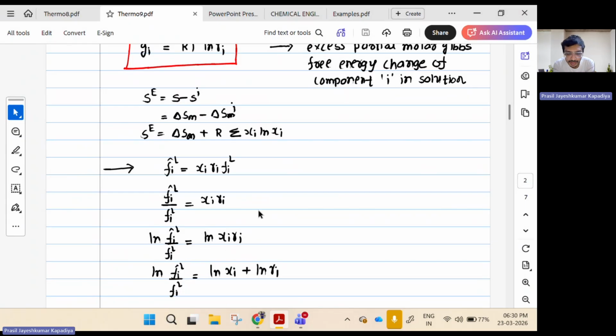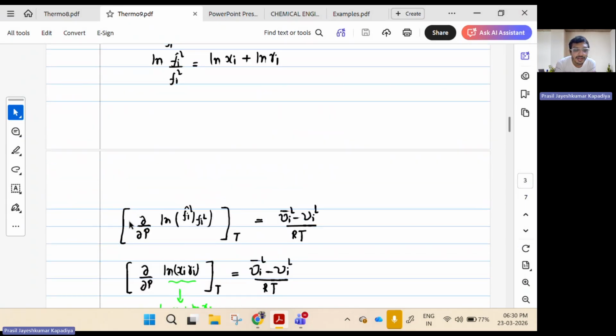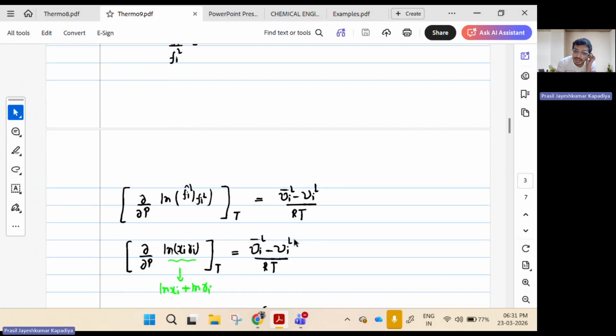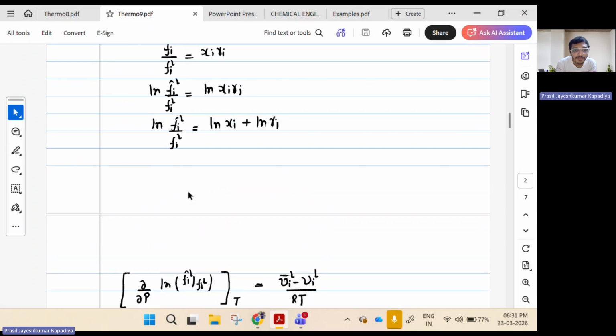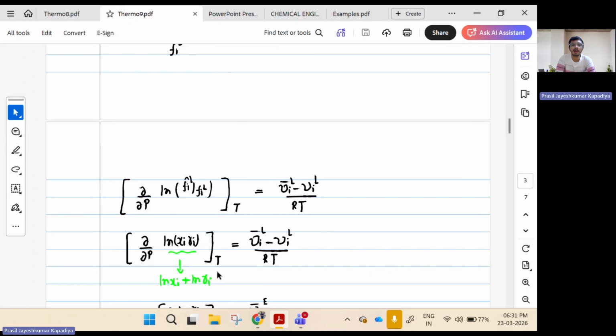So if I break this, it is ln xi plus ln gamma i. We know that del P of ln fi cap by fi at constant temperature is ViL minus Vi by RT. So this term is nothing but ln xi plus ln gamma i.